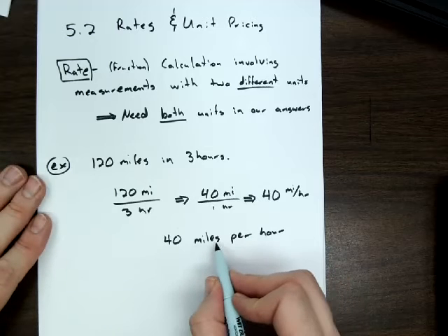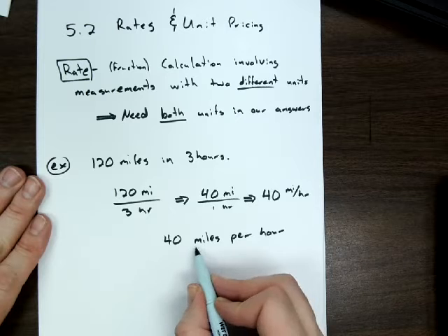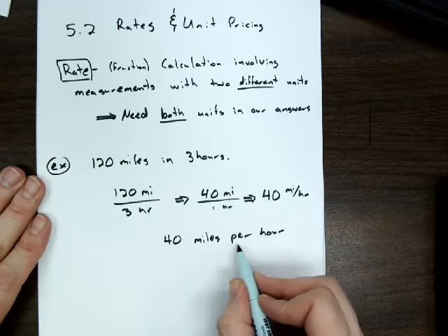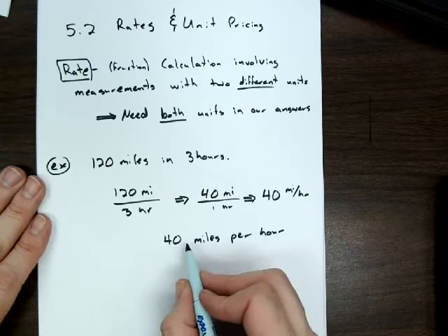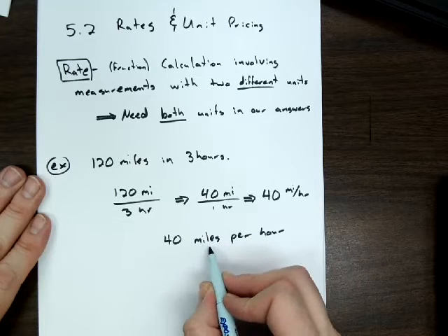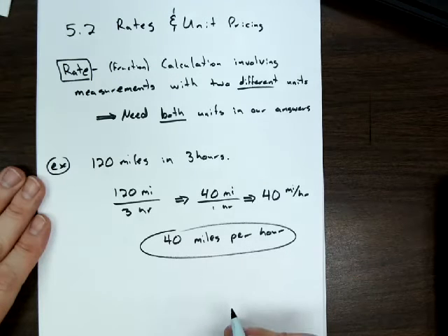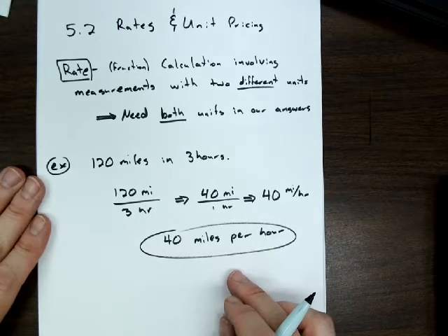Whenever you see a calculation like this, we're going to find that first number per that second number. This unit is always going to be on the top, and this unit is always going to be on the bottom. And yeah, 40 miles per hour, that's a good, solid answer.